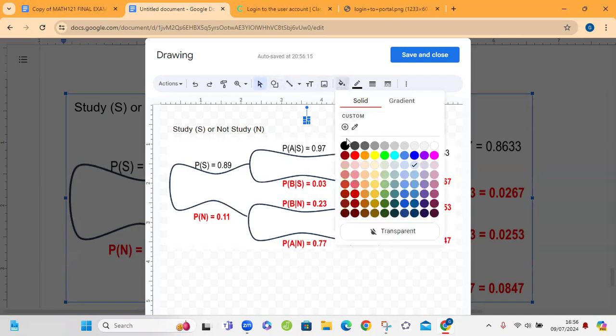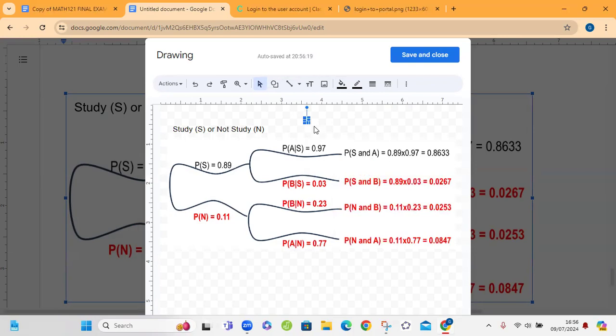Let me indicate the nodes. Here you have a node. Here you've got another one. Across any node, the probability values must add up to 1.